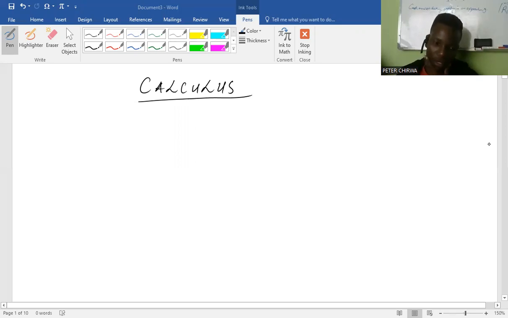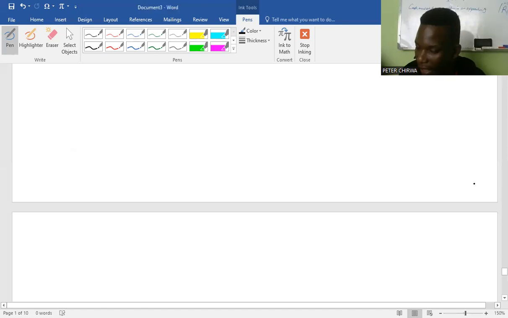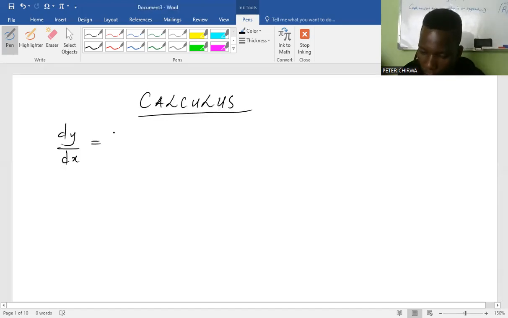Now, the first principle. We are not going to derive it, how we come about the first principle. Of course, we know that we have a curve, we draw a tangent, and then the rate of that tangent, and so on. No. So the first principle is given by the limit of h approaching 0.